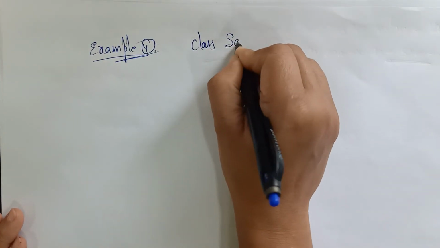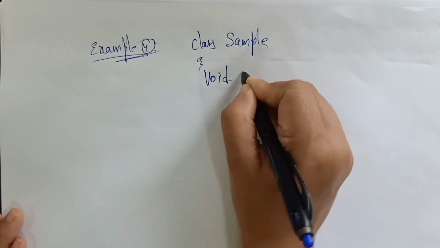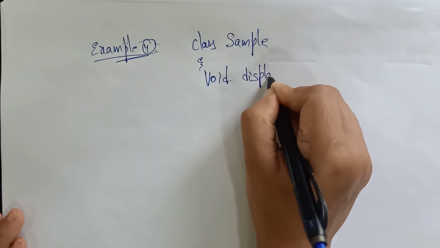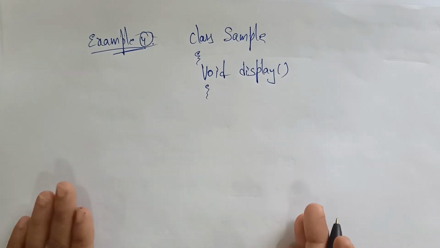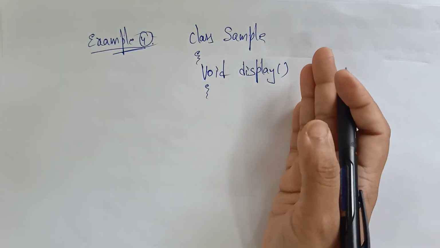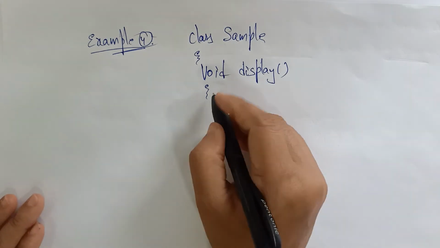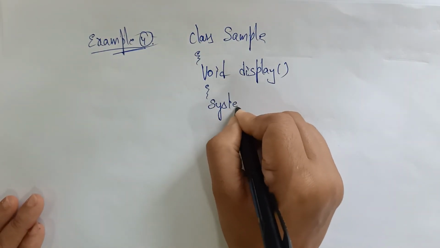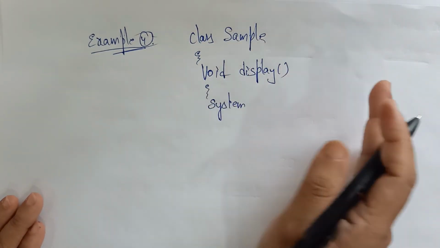Class Sample, void display. The same programs you can execute on the system, students. Try to note down the programs, and if you want, I'll show you in the system also. No problem. So first try to understand here and try to write the code on your own in the IDE or the notepad. Okay. So here I didn't create an instance variable.